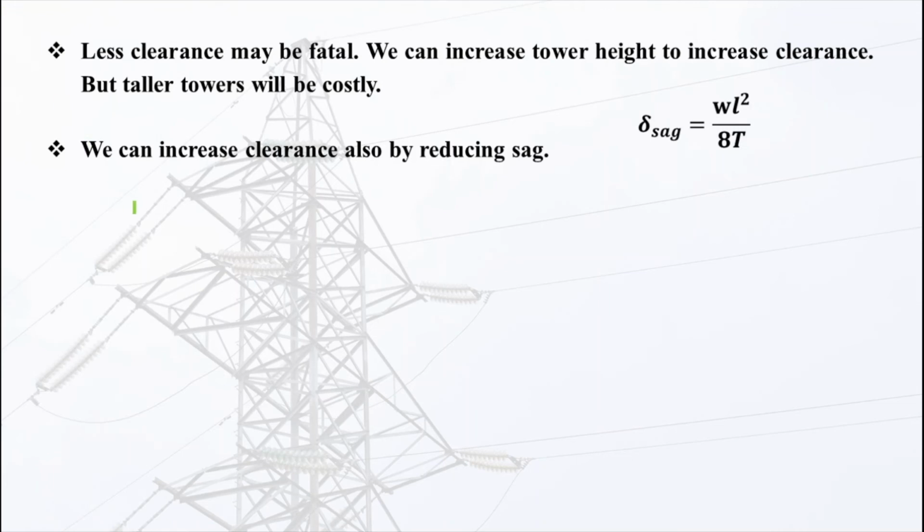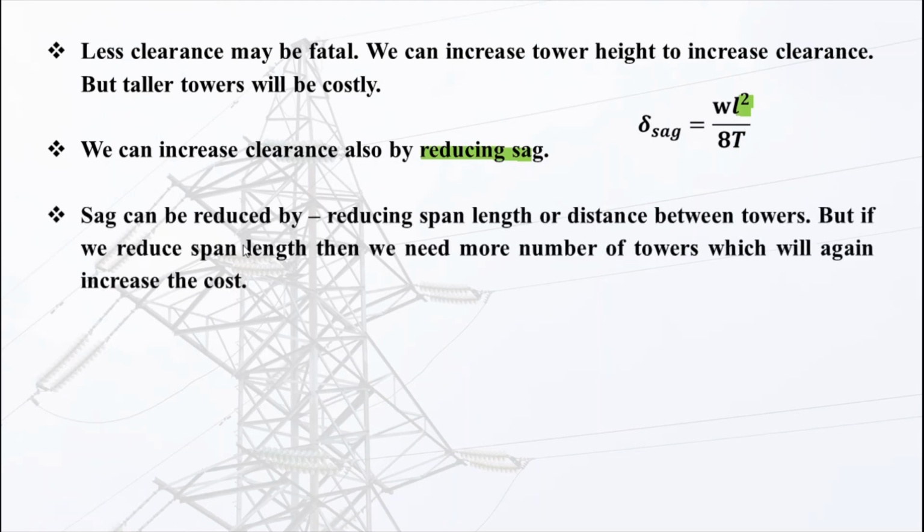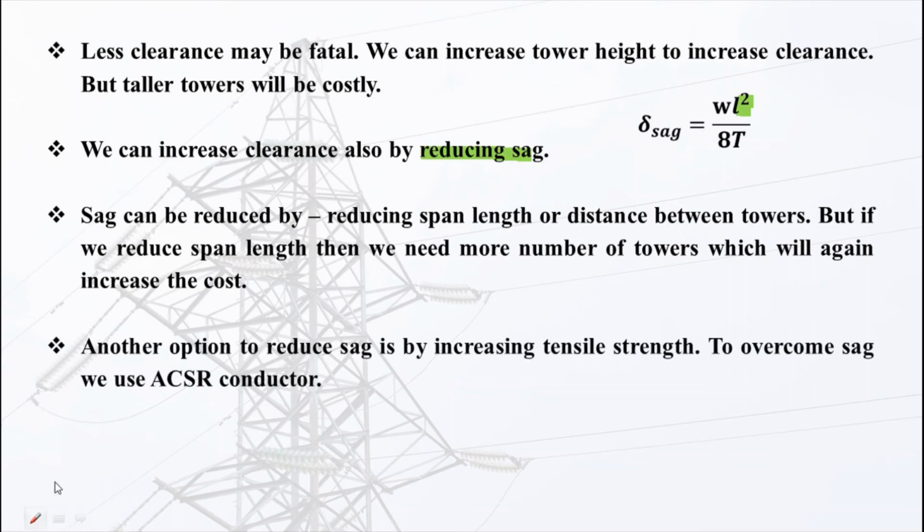The second option is, if we reduce the sag, then the clearance will automatically increase. Now this sag can be reduced in two ways. First is by reducing the length L. What is length L? L is the distance between towers. But if we reduce the length L, then what happens? We will need more towers.